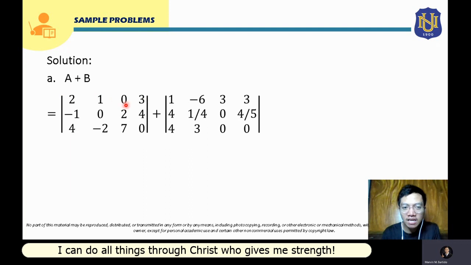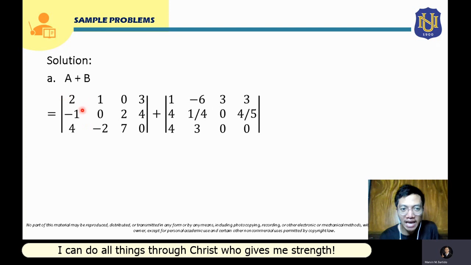For matrix A, its size is 3 by 4. For the second matrix, which is B, its size is also 3 by 4. So we can add these two matrices. Our rule again for adding two matrices is we just add each element to its corresponding element.